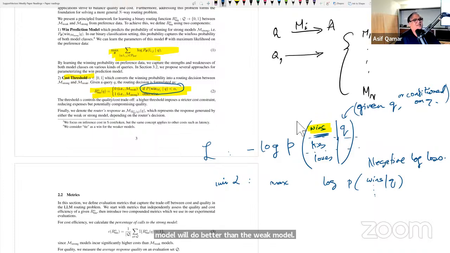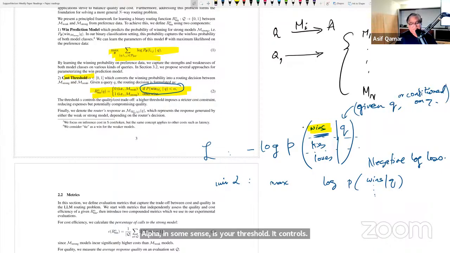What does common sense say? Most likely this weak model will do just as good, isn't it? Maybe even better. So you would rather route it to the smaller model because your cost will be less, right? And so alpha, in some sense, is your threshold. It controls how much you are willing to sacrifice, right?